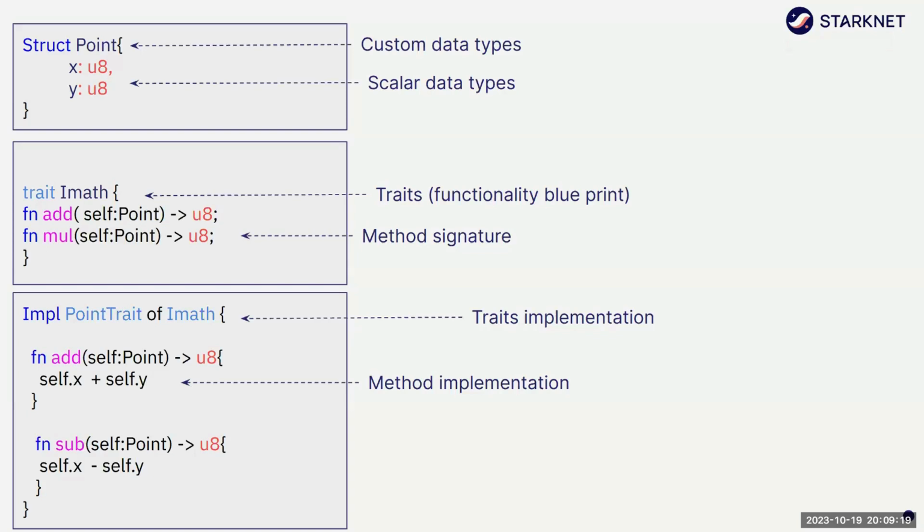Once you want to implement your trait, you have the impl keyword, then the definition and the trait you want to implement. Then you define the full function implementation here.